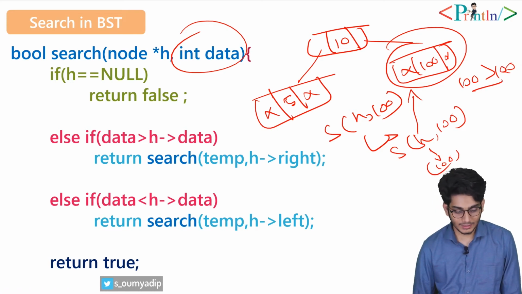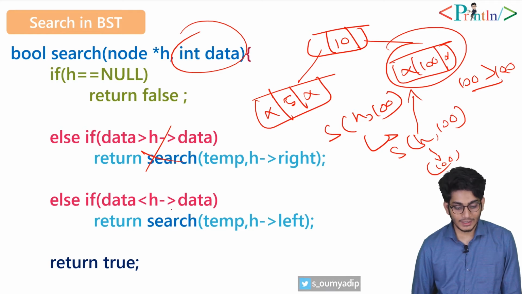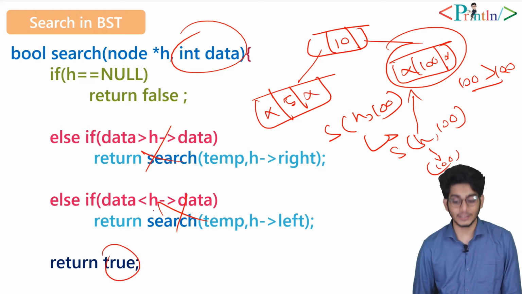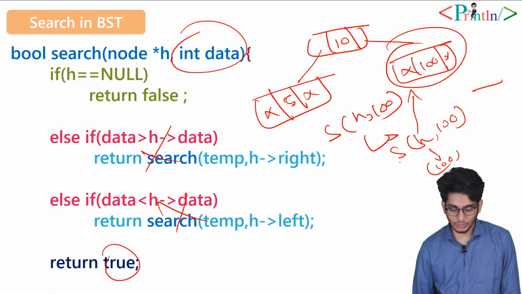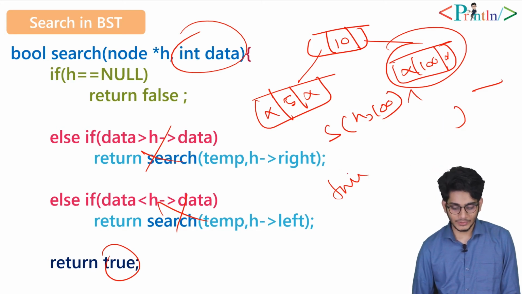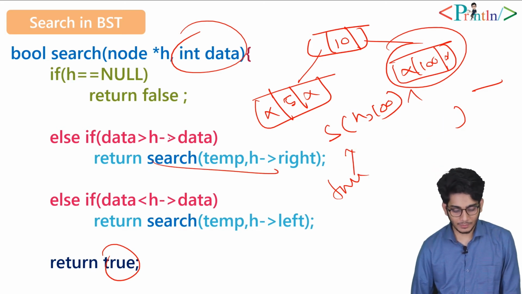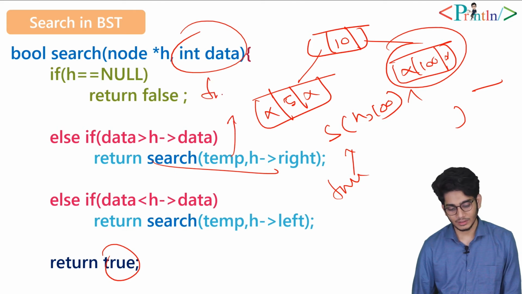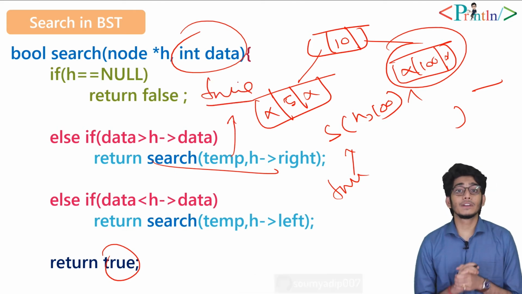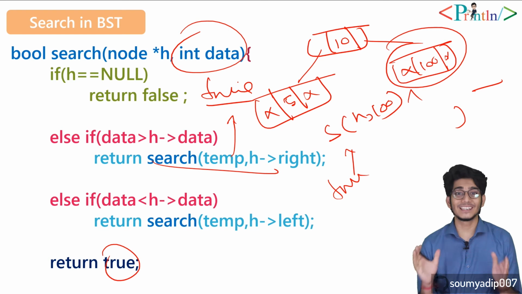No, right? This condition won't be executed. Is 100 less than 100? This condition also won't be executed. Then we'll simply return true. We'll return true from here, we'll receive true here. Then from here we'll simply return true. So this is how we can search any value from a BST.